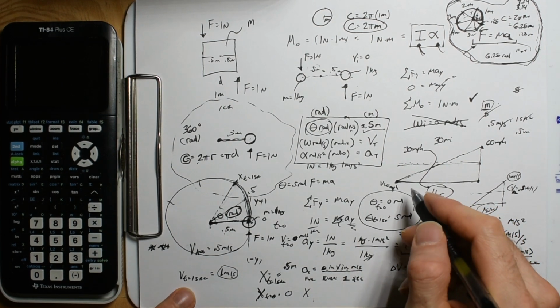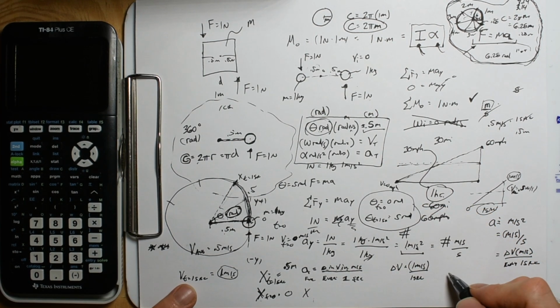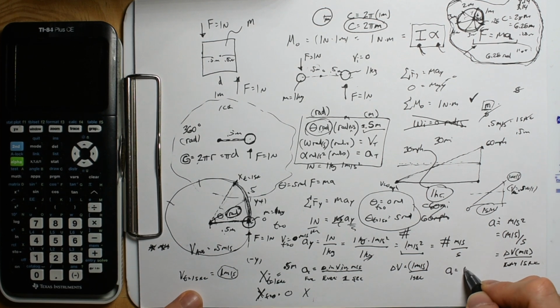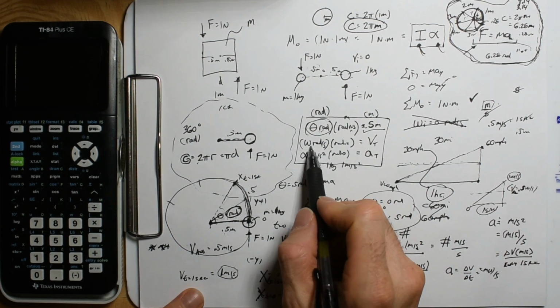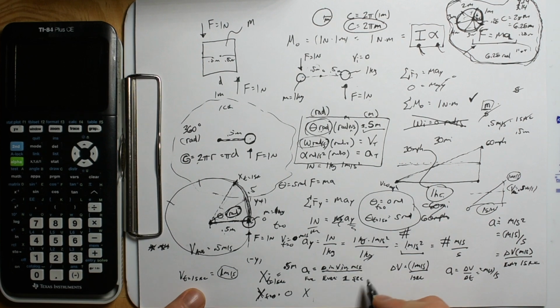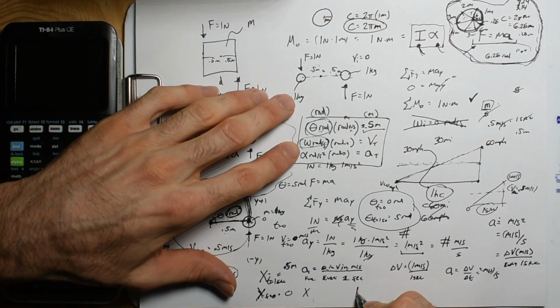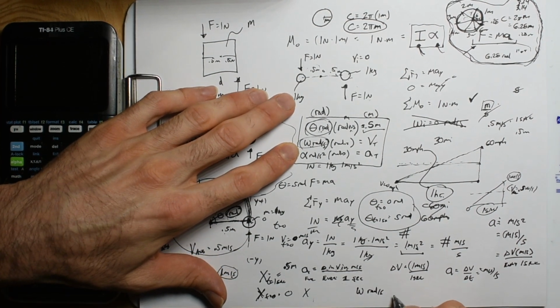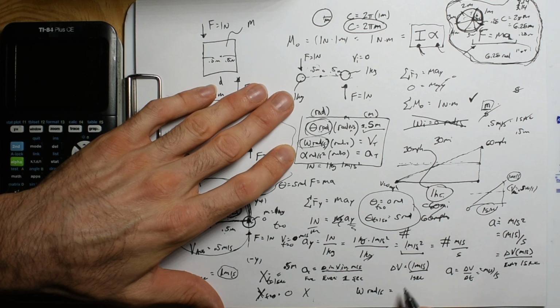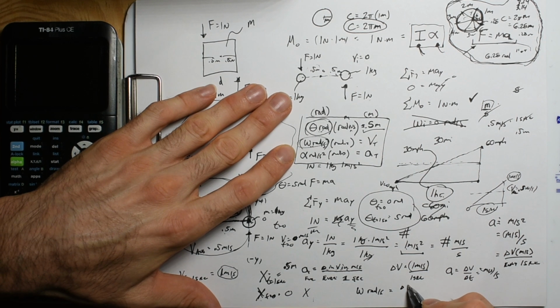So now, just like we said definitionally, acceleration was change in velocity over change in time, and we went through that whole process of meters per second. Now we can say that omega, angular velocity, is radians per second. It's the change in angle in radians for every 1 second.